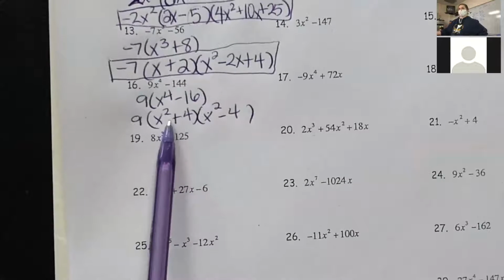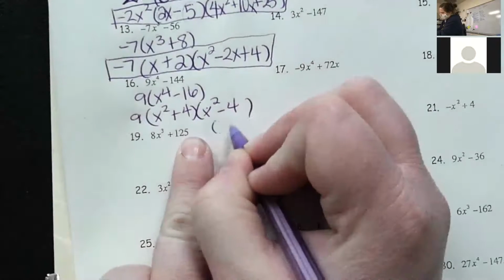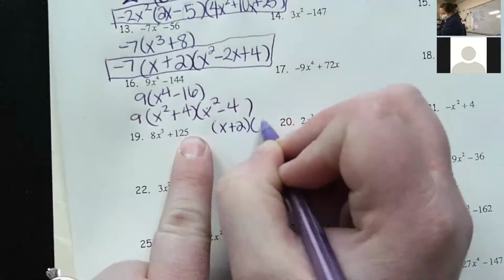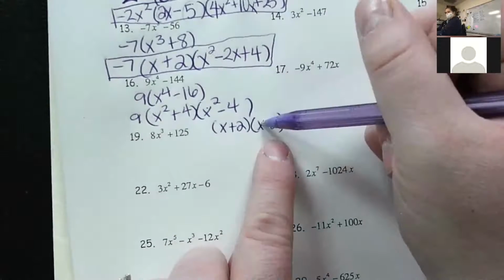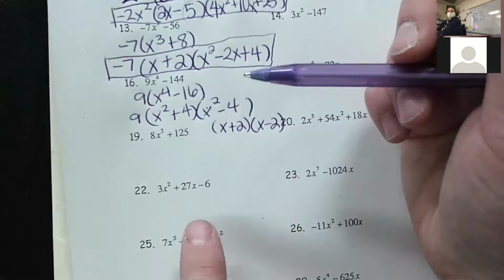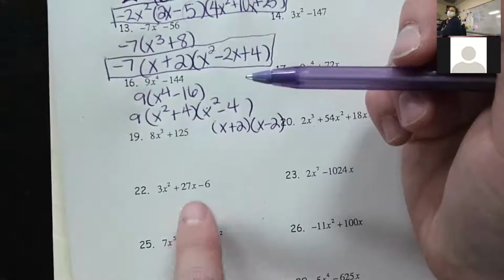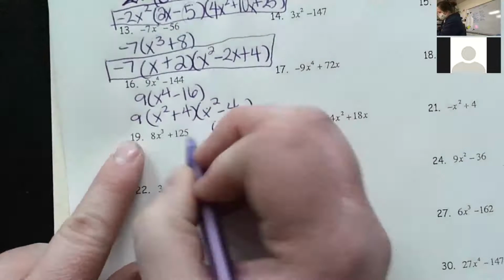No. Why can't I? Because it's a plus sign. But this guy, he can turn into something. He can do an x plus 2 and an x minus 2, right? But remember, he's just him. So what happens with this stuff? He just goes along to the right. You carry him down. So we need the 9 and the x squared plus 4.